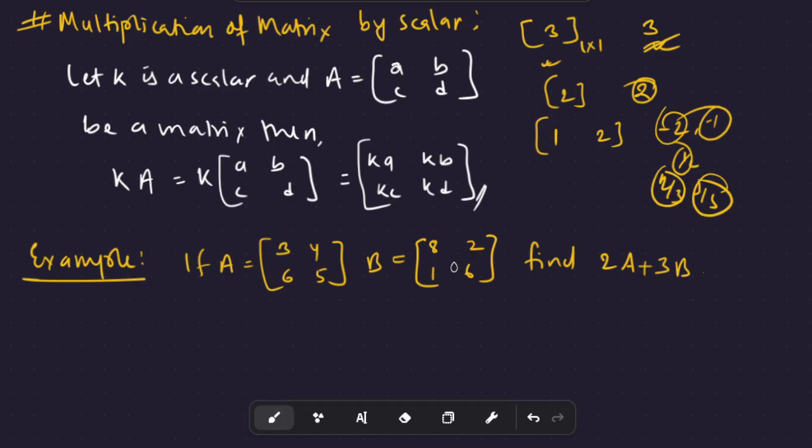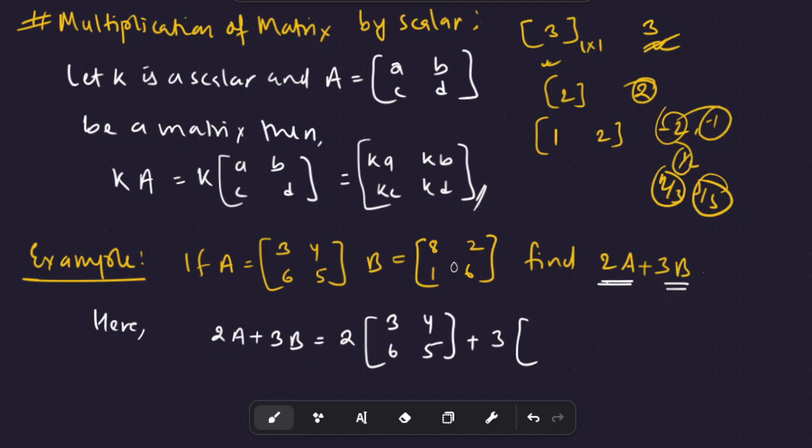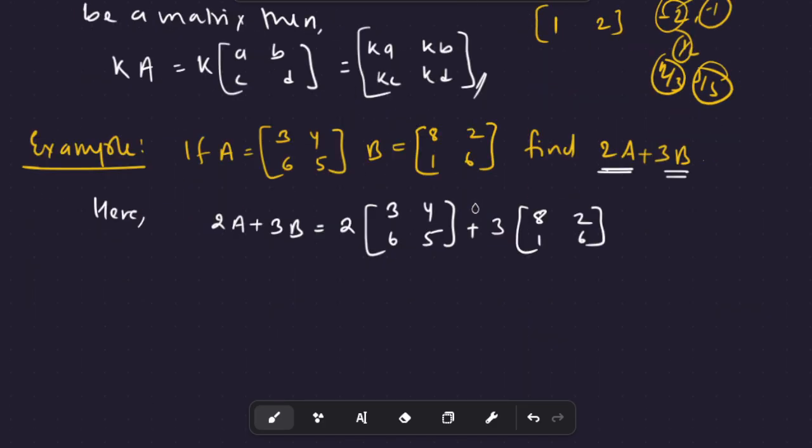One is multiplication by a scalar, and the other is addition of two matrices. Now 2A plus 3B equals 2 times [3, 4; 6, 5] plus 3 times [8, 2; 1, 6].